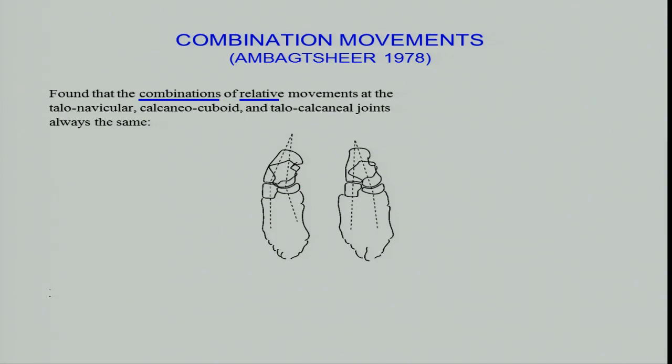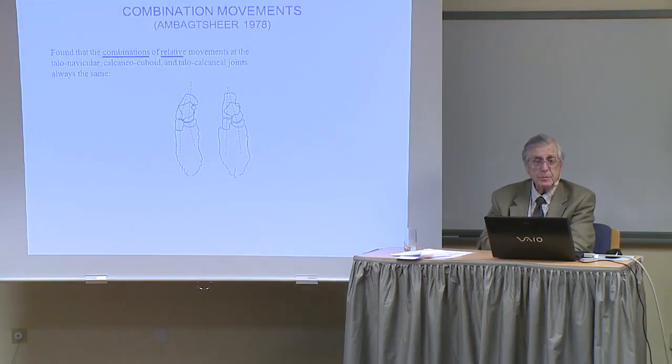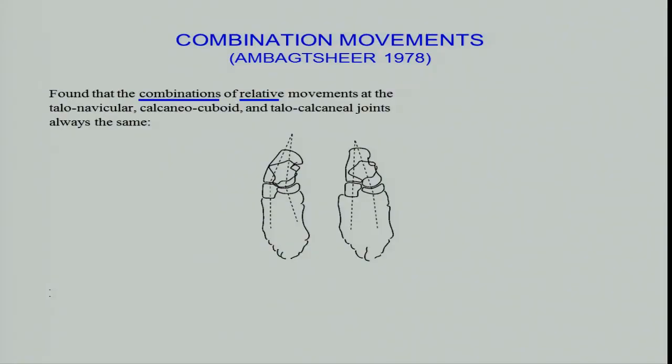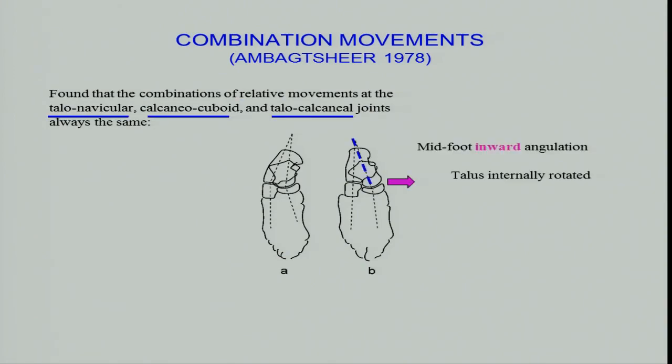So he found that there were combinations of relative movements at three joints, the talo-navicular, calcaneo-cuboid, and the talo-calcaneal, and that the combination was always the same. If there was inward angulation of the midfoot, the talus internally rotated. If there was outward angulation, the talus externally rotated. Pretty obvious, really.